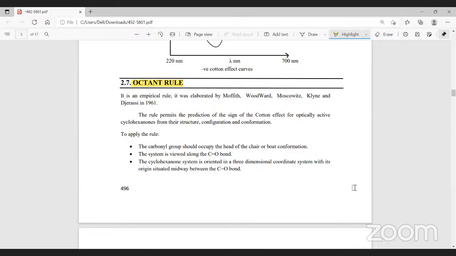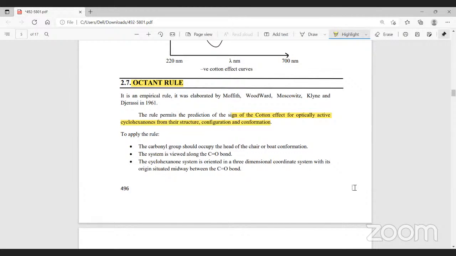It was elaborated by Moffitt, Woodward, Moskowitz, Klyne and Djerassi. We already discussed the octant rule in the morning session. It is an empirical rule, elaborated in 1961. This rule permits the prediction of the sign of the Cotton effect for optically active cyclohexanones from their structure, configuration and conformation.